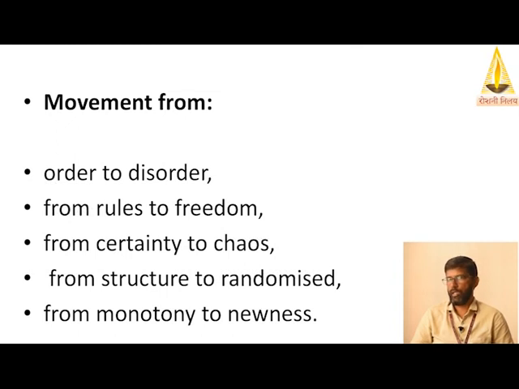You could have the whole poem randomly written with absolutely no structure in place, with the first stanza of three lines, the second of six, and the fourth of three and two, or whatever lines that we wish to. And from monotony to newness: modernism originated from this one fact that the scholars were tired of the old and therefore they had to look for something new.